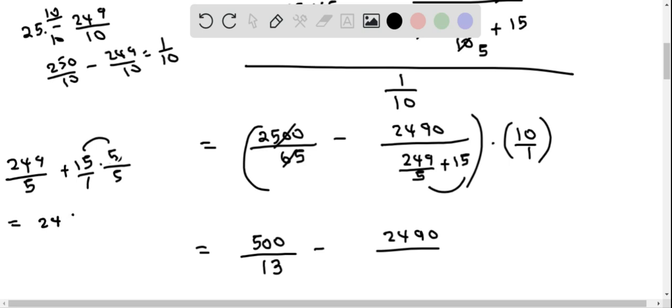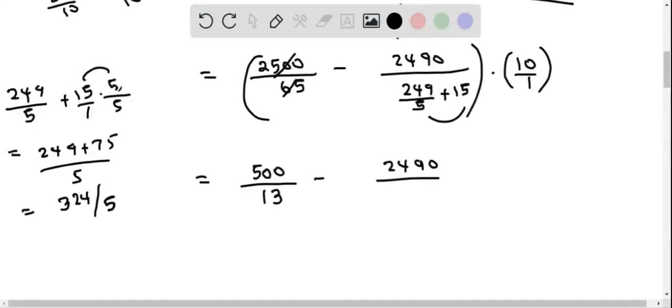So we then have common denominator. So it is 249 plus 75 over 5. And this equals, we can add this together. 249 plus 75 equals 324. So this is basically 324 over 5.